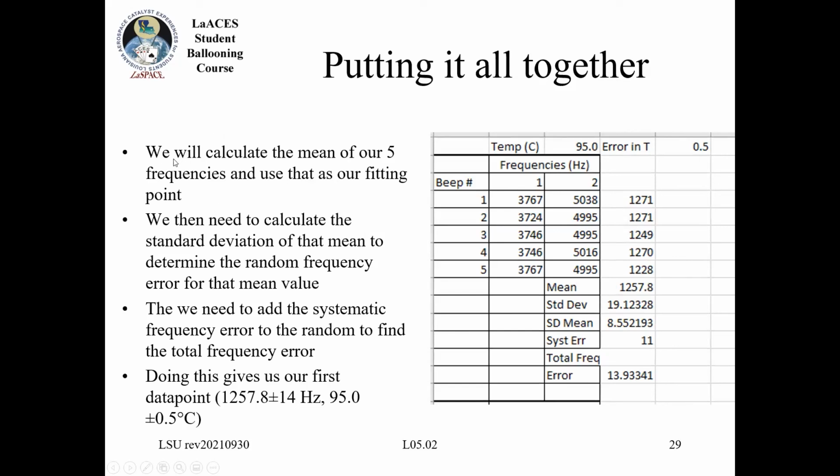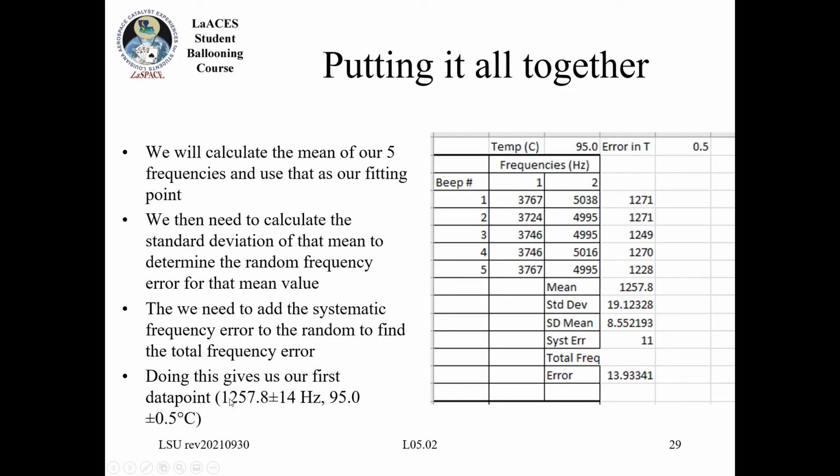This is just reiterating what I just said. I calculate the mean of my 5 measurements to get the mean value for my point. I calculate the standard deviation and then the standard deviation of that mean, and then I add my errors together. So the way that I would report my first data point is, sorry, I have not correctly rounded the hertz here.